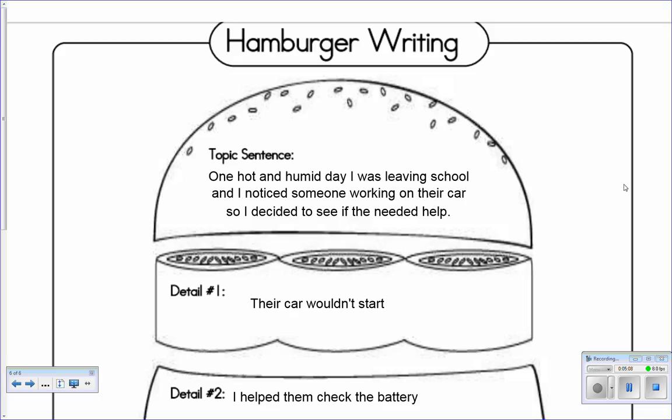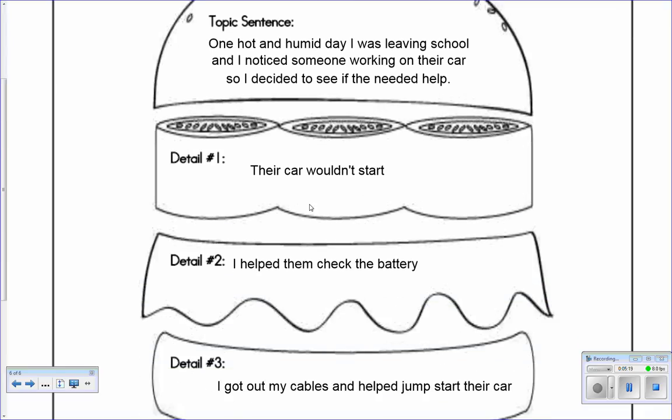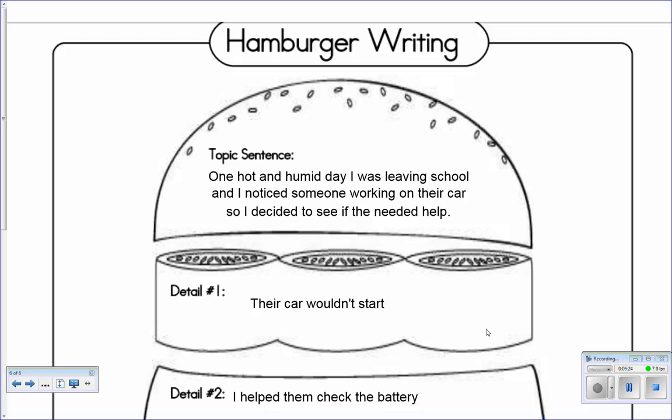Let me say that again. You can put your main idea sentence that we wrote yesterday on this sheet for the topic sentence. Write your 3 details after you decide what they are, and then put this in your green folder. You will need it on Monday. Once you are finished with this and it is in your green folder, you may free write.